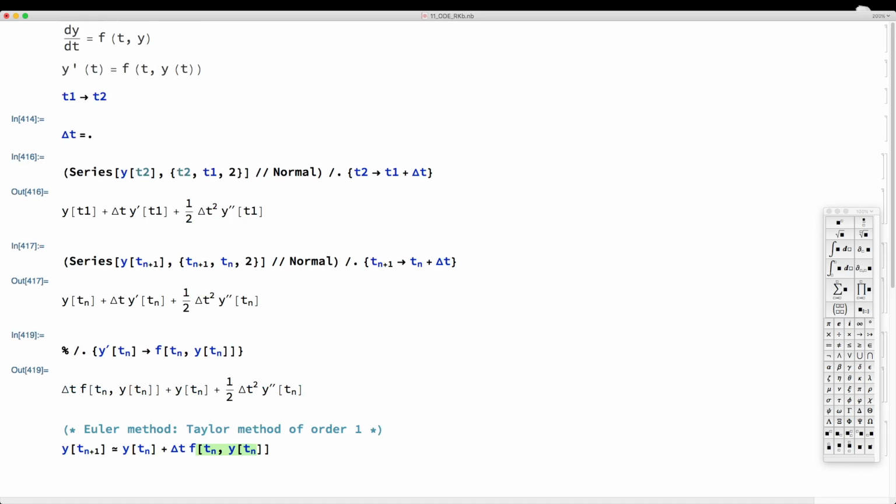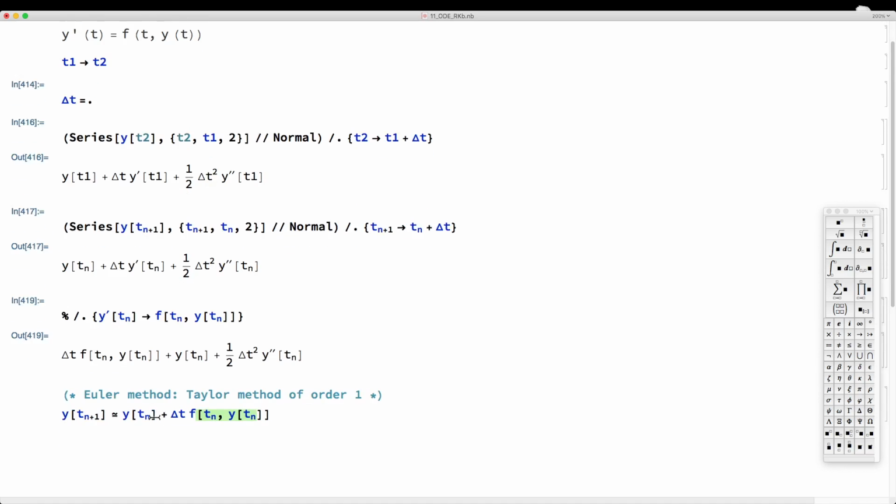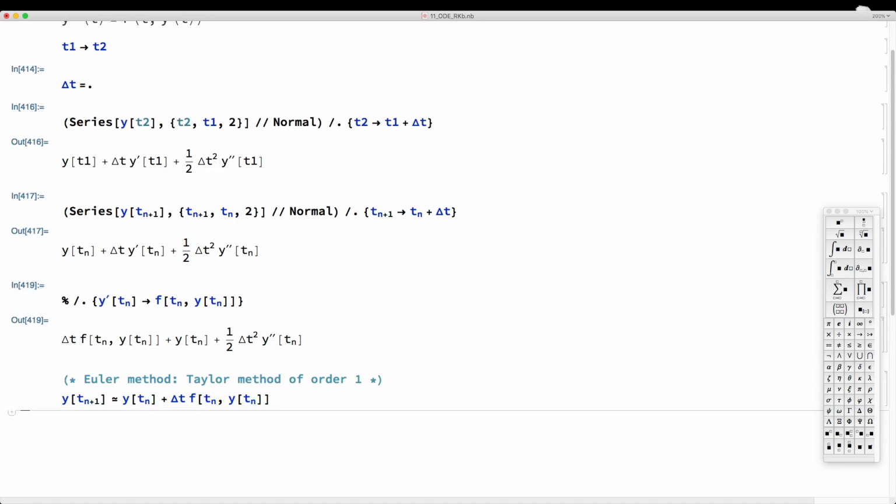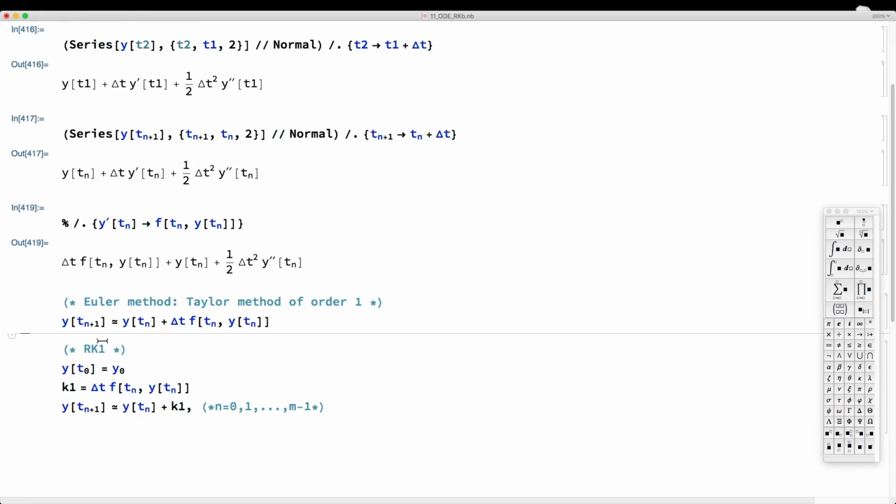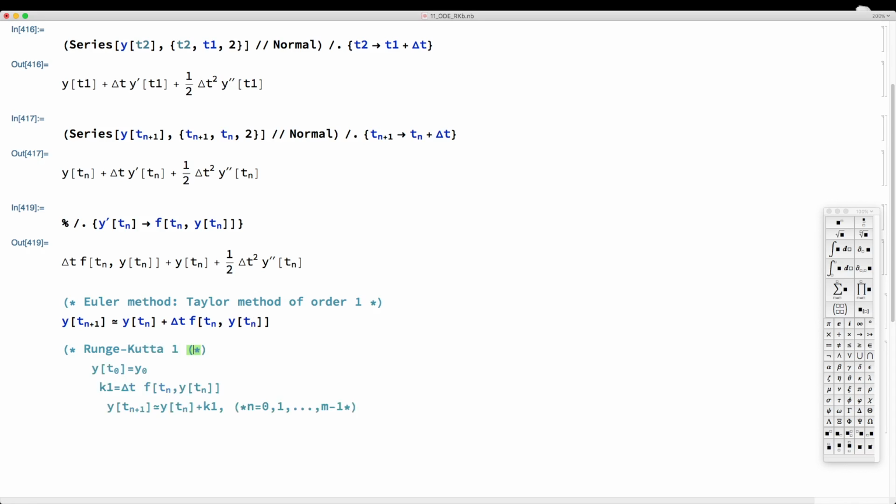We can also rewrite this a little differently. So this is essentially a Runge-Kutta method of order 1, or RK1 for brevity.